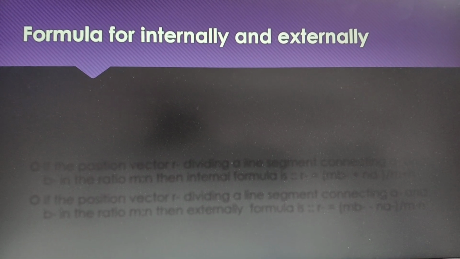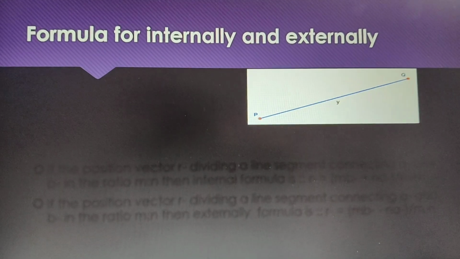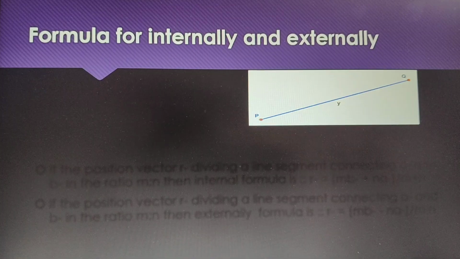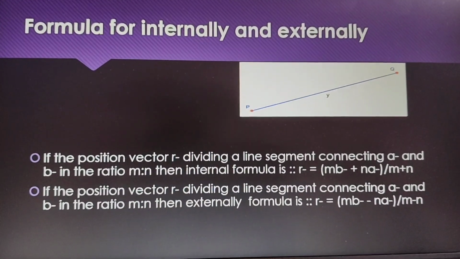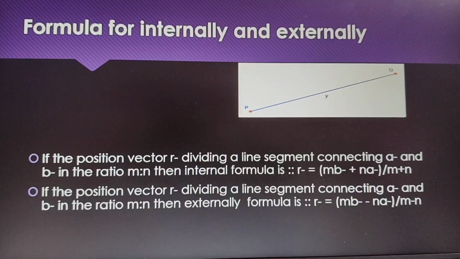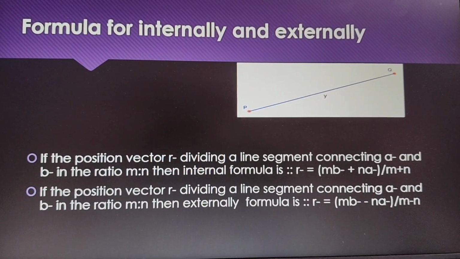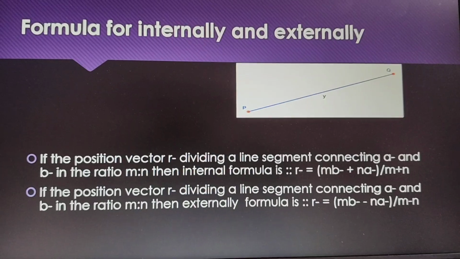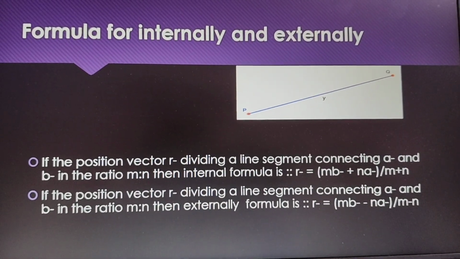Let us find the formula for internal and external division. This is for a line segment. Suppose this point, let it be position vector r bar, is dividing PQ line segment in the ratio m is to n. Then the internal formula will be r bar is equal to (m b bar plus n a bar) by (m plus n).